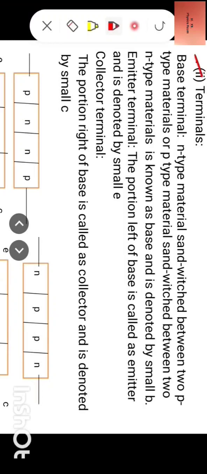Second, terminals. Base terminal. Which is the base terminal? N-type material sandwiched between two p-type materials, or p-type material sandwiched between two n-type materials is known as base and is denoted by small b.